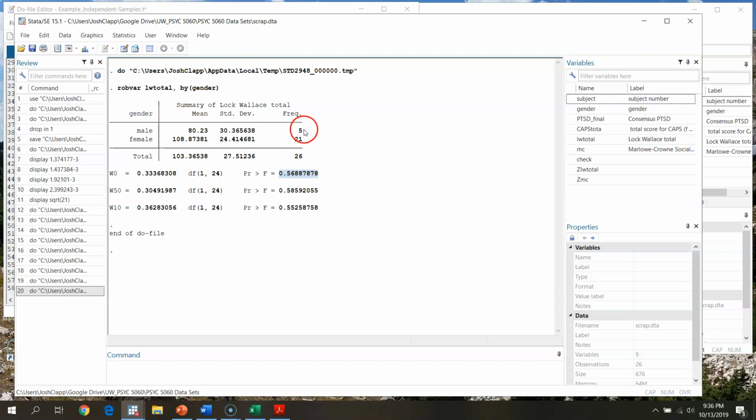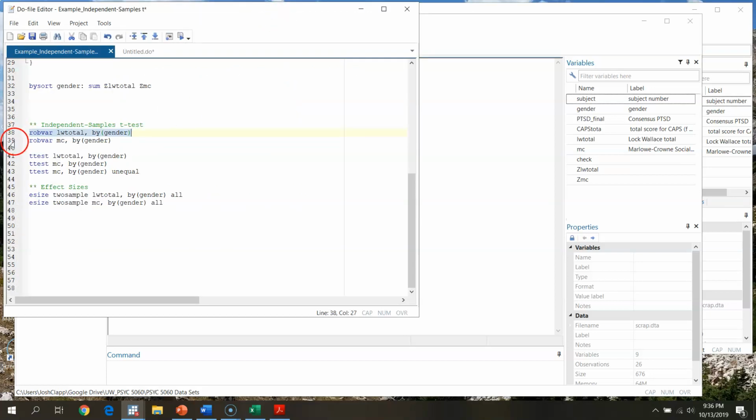Now the concern here is that we have a very small sample, and so this Levene's test is not terribly well powered, but at least it looks like things are relatively okay in terms of variability. So in terms of marital satisfaction, we don't have a great deal of evidence for a violation of homogeneity of variance here.